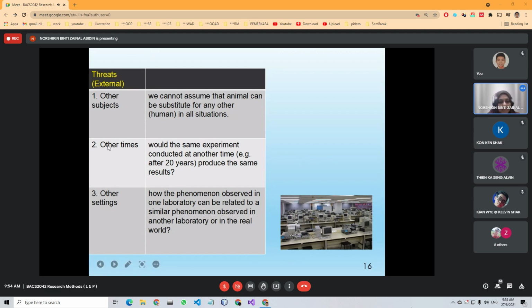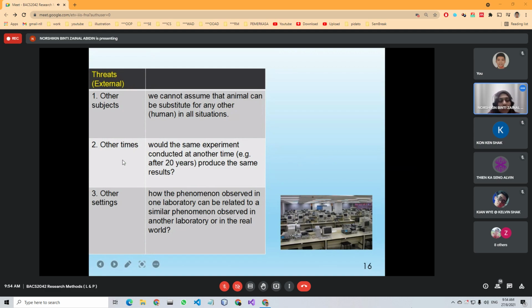And then second, other times. This one is regarding time-based events. Just now I said, would the same experiment conducted at another time, after 20 years, produce the same result? This is the one I have concern about in my research. Will my research be valid even though today is already 2021? For some crucial research, even in one year, the research is no longer valid, especially when you're talking about technology, because technology keeps on evolving.